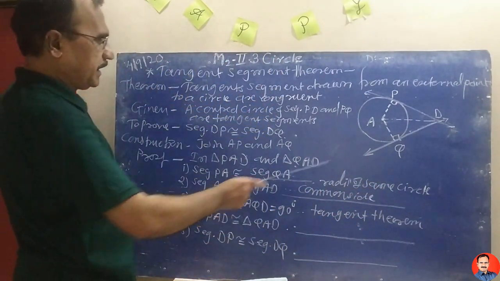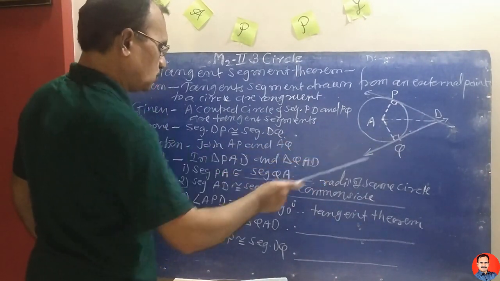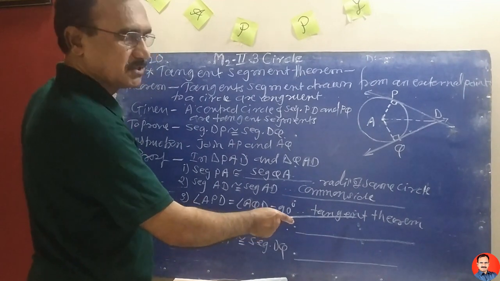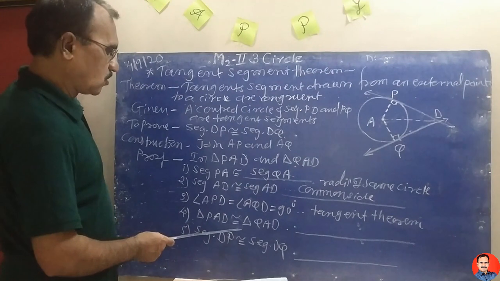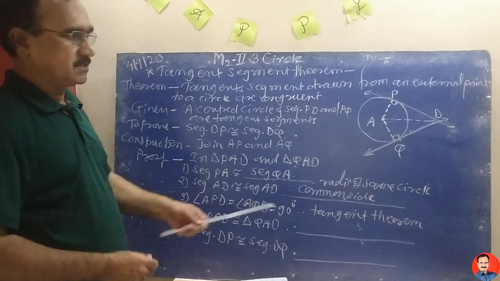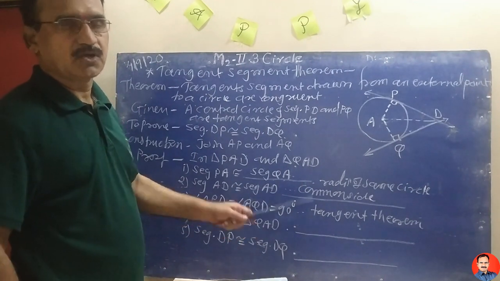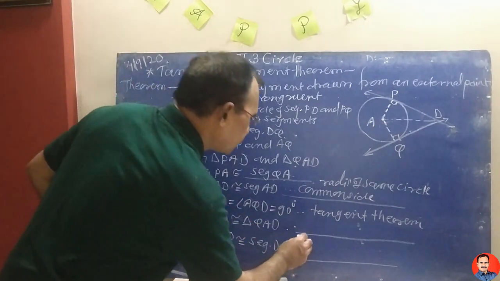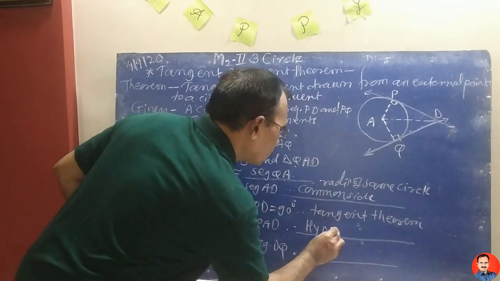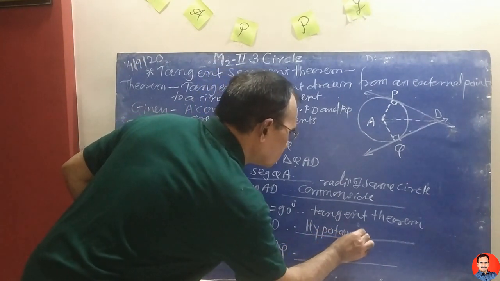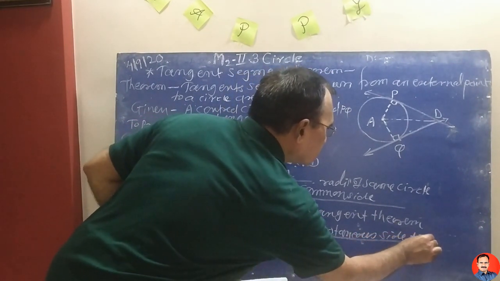Then angle APD is equal to angle AQD is equal to 90, tangent theorem, on page number 51. Then triangle PAD is congruent to triangle QAD. By which test are these two triangles congruent? We have to write the test of congruence of triangles. By which test? Hypotenuse side theorem.